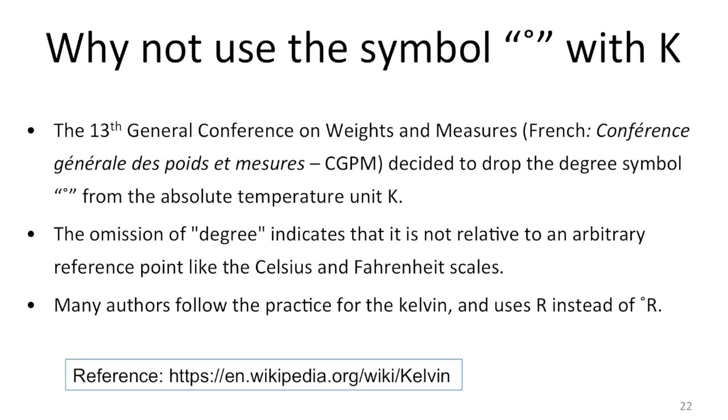In that conference, the attendees decided to drop the degree symbol, the little circle, from the absolute temperature unit K. And the reasoning is that the omission of a degree indicates that it's not relative to an arbitrary reference point like the Celsius or the Fahrenheit scale. We know Celsius and Fahrenheit use reference points that are easily observable, but the absolute temperature scale is defined in an entirely different way.